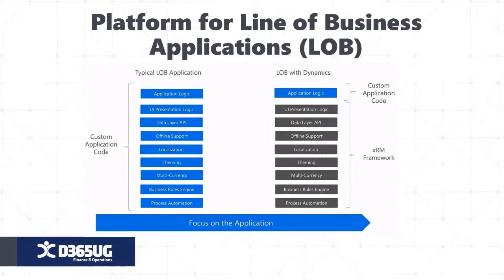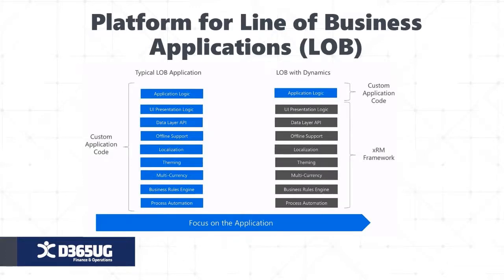So, line of business applications. When the organization decides to build a custom solution for their business, it can choose either creating it from the ground up using custom application development methods, or what Microsoft suggests, the concept of building custom software by using the Microsoft CRM platform as a foundation.